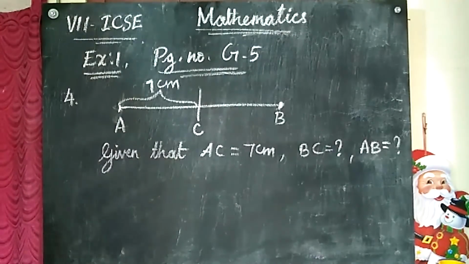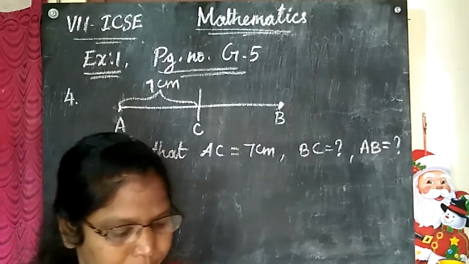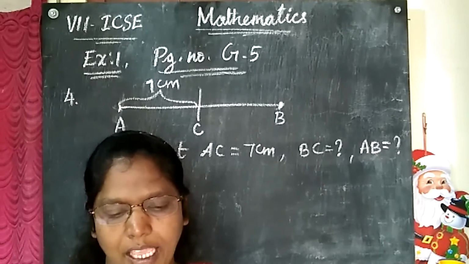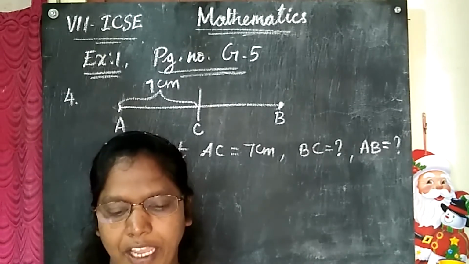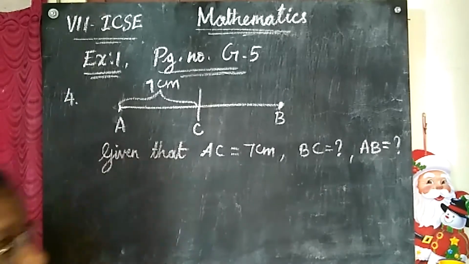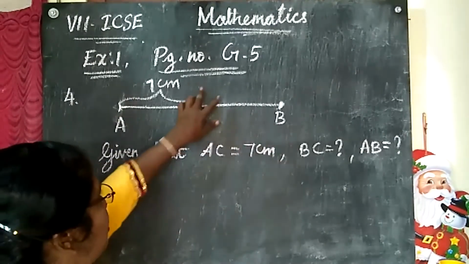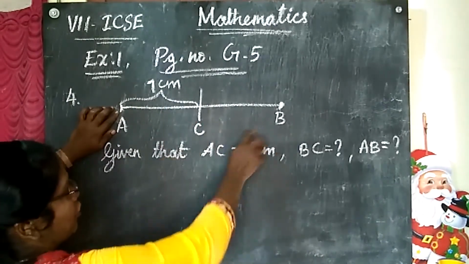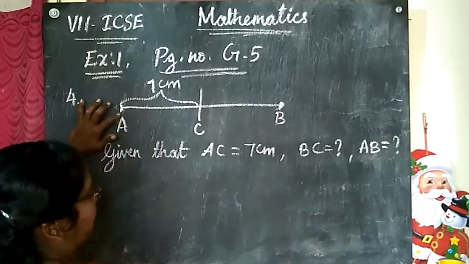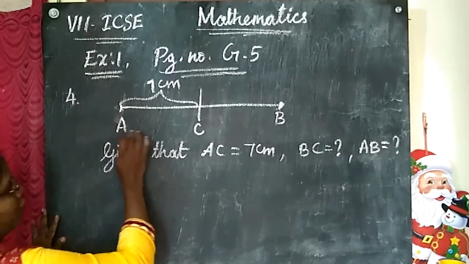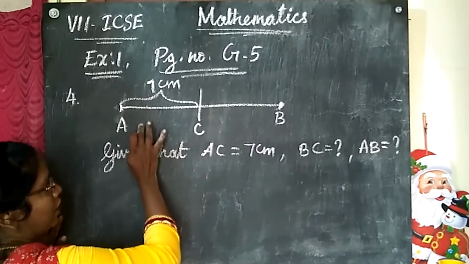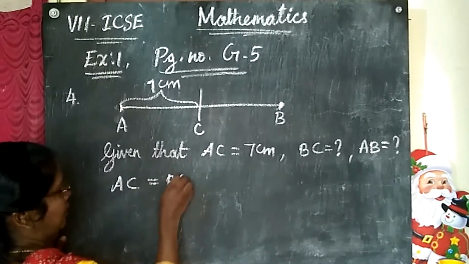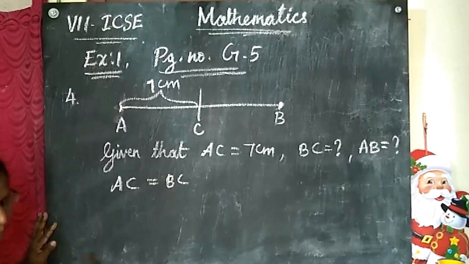Next, fourth one. Let me read the question. If C is the middle point of the line segment AB and AC is equal to 7 cm, find BC and AB. See, here it is given. AB is the line segment, C is the midpoint. Here AC is 7 cm. They are asking us to find BC and AB. We know that midpoint means AC is equal to BC.